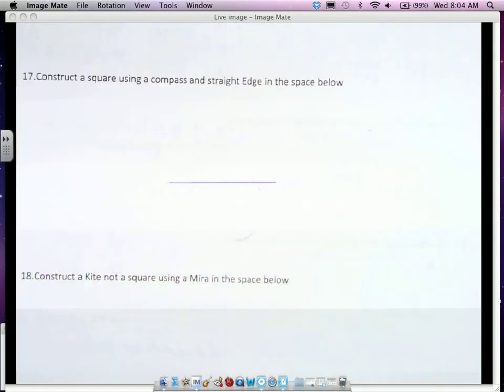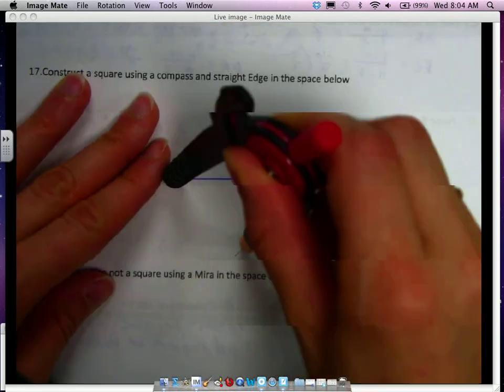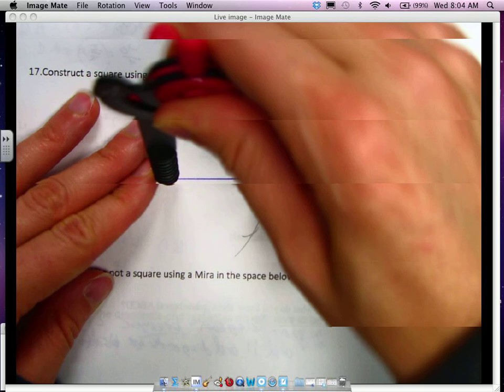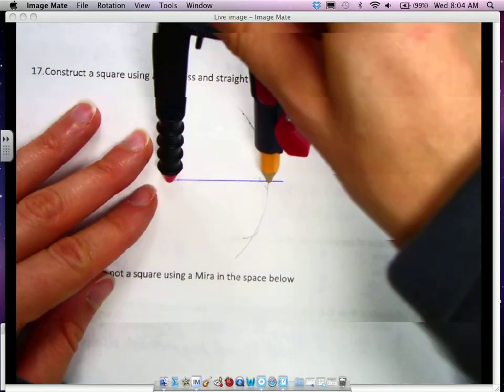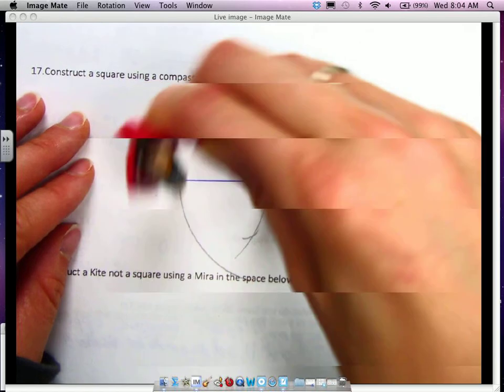This compass is yucky. Hold on, let me grab a different compass. This is good. Okay, so I make a nice arc. Then without changing the size of my compass, I switch it to the other endpoint, and I make an arc.